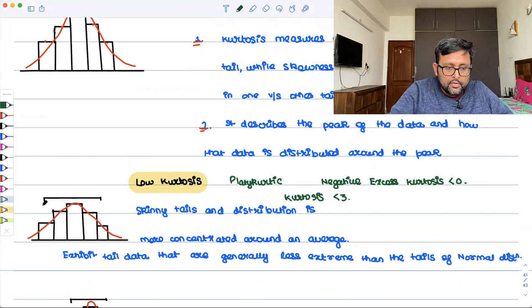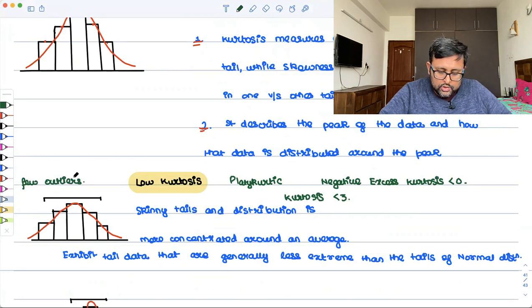So there are few outliers or very low probability of outliers. If the investment follows the platykurtic distribution, there is less chance of extreme returns, less chance of extreme loss or extreme gain. So this is considered to be safe.